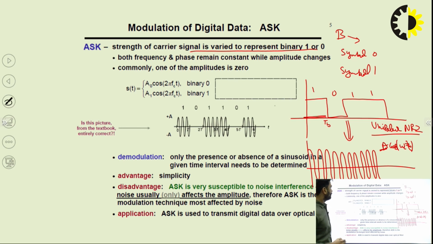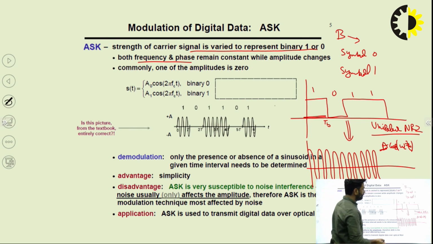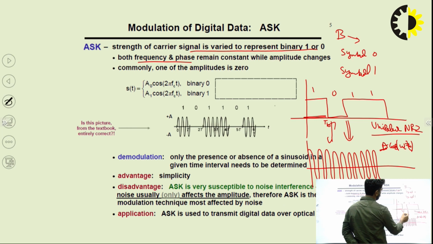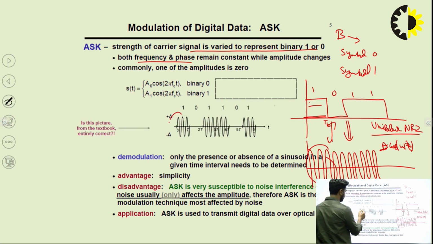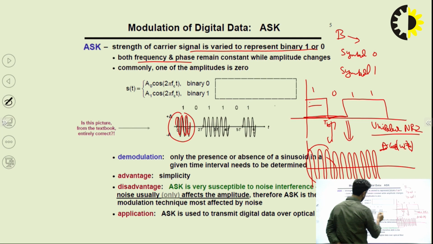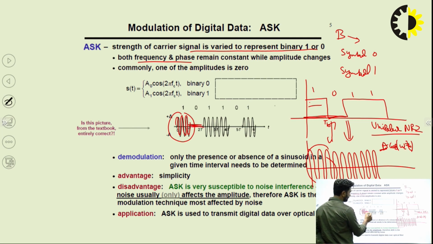Frequency and phase remain constant, only the amplitude changes. How will it change? When you mix these two signals, at bit 1 the same carrier is produced. For 0 there is no carrier.